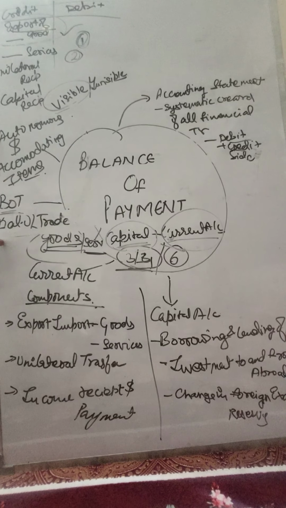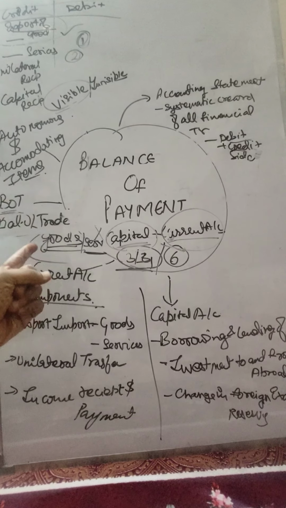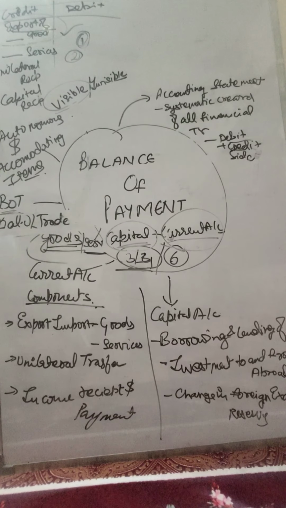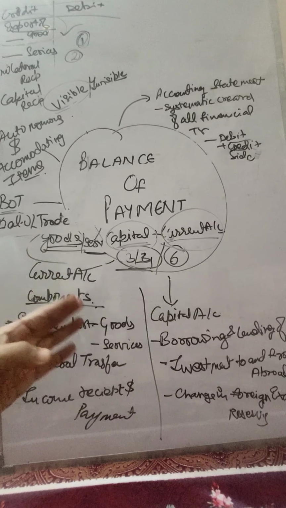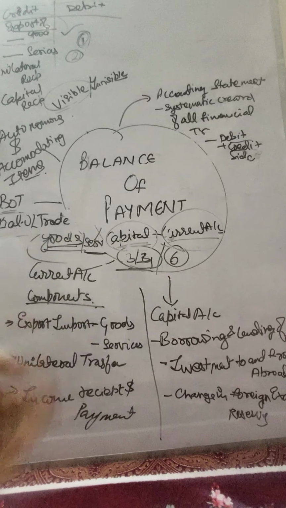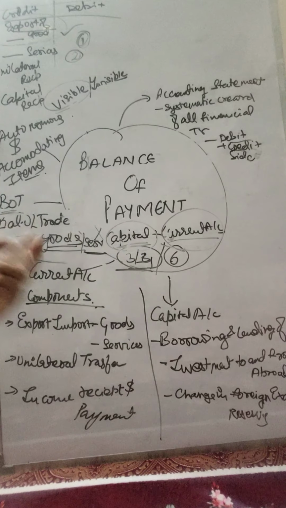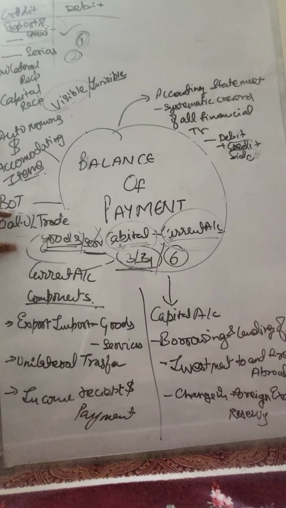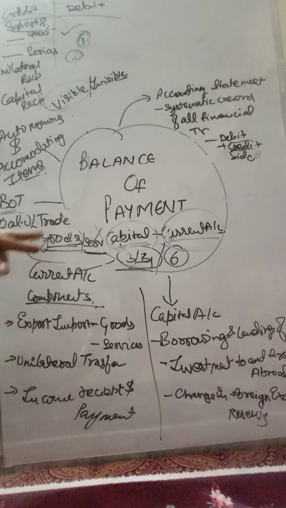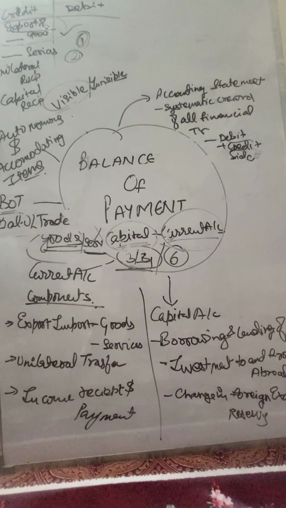Second point: under balance of trade, we do not record transactions that are of capital nature, whereas under balance of payment, we include transactions that are of capital nature. As we have done, balance of payment includes capital as well as current account, so capital nature will be included, right? Now, third point: whenever we are talking in terms of trade, that means we are including only goods, so this is a narrow concept, whereas balance of payment is a wider concept.